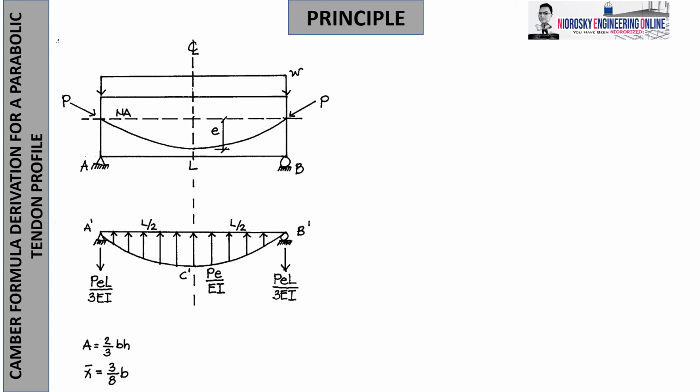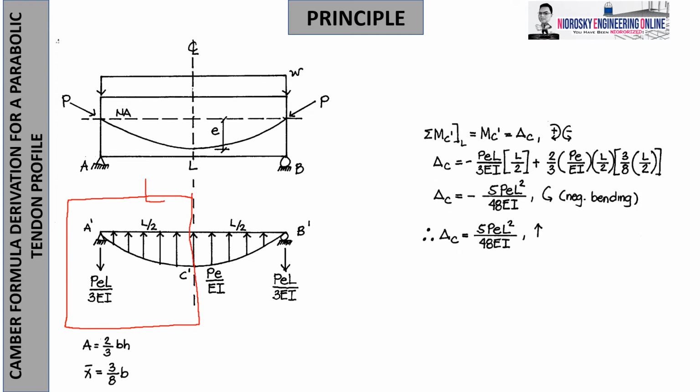So let's continue. What we need to identify, ito mag-take tayo ng moment on the left cut portion. So you'll get this again by computation. So makukuha na natin yan. So yung PEL over 3EI, paano na-compute yan? So you just get 2/3 base height, which is PE over EI, multiplied by L. Kasi we are taking into account yung buong fictitious loading natin na tumaas as conjugate beam property is concerned.